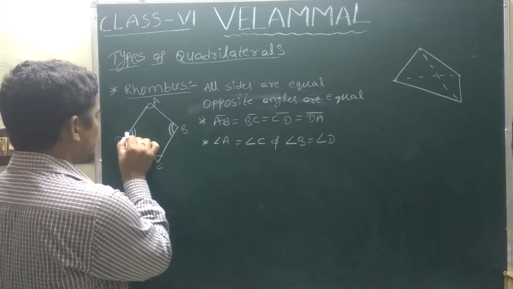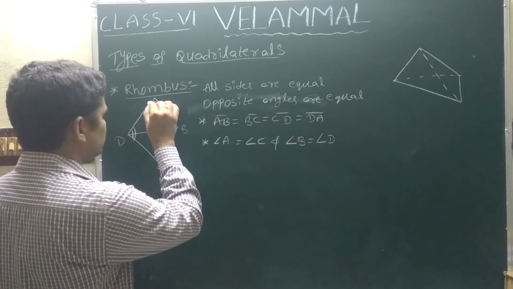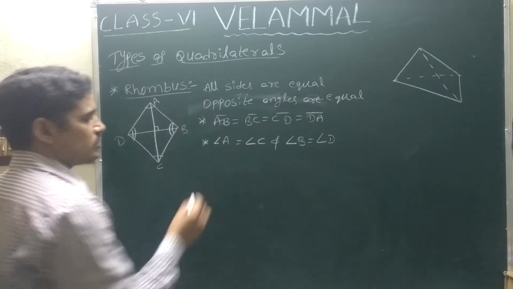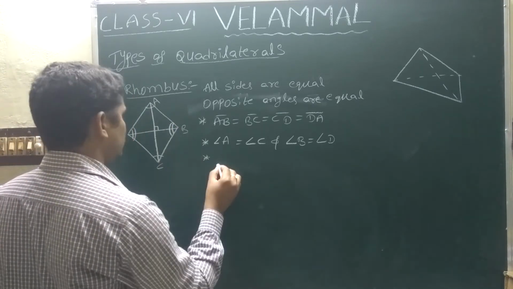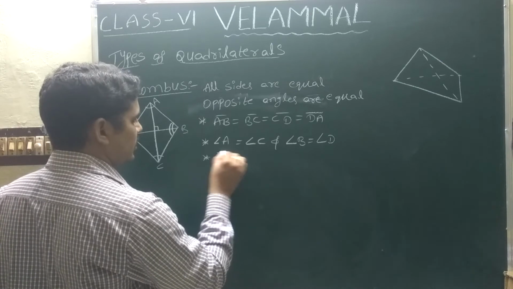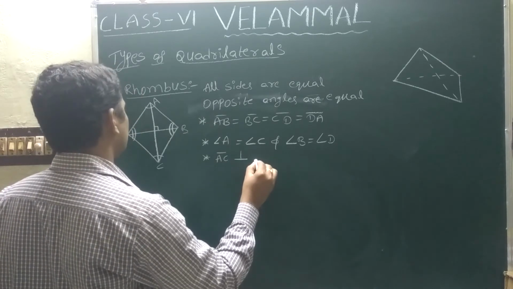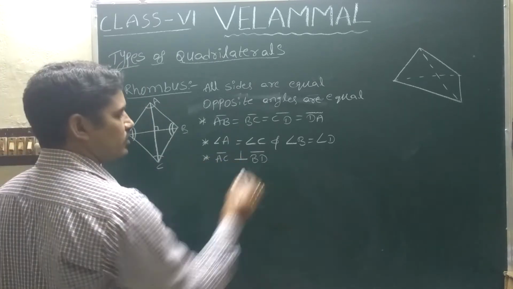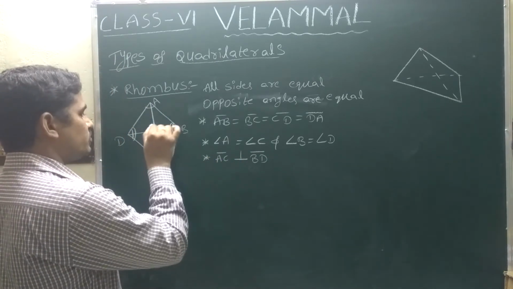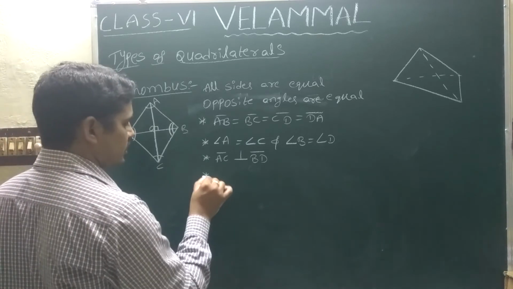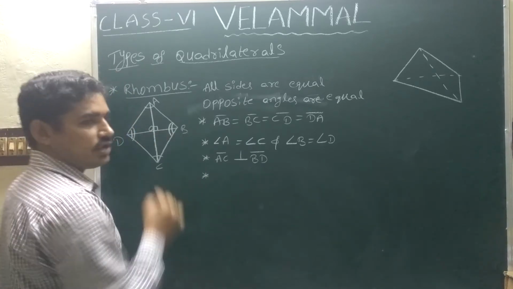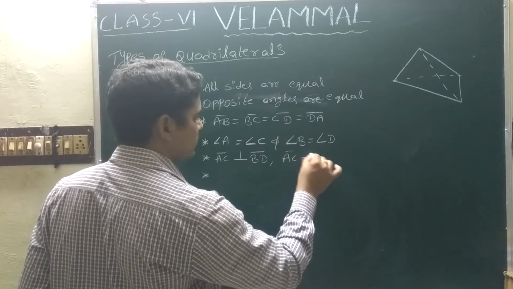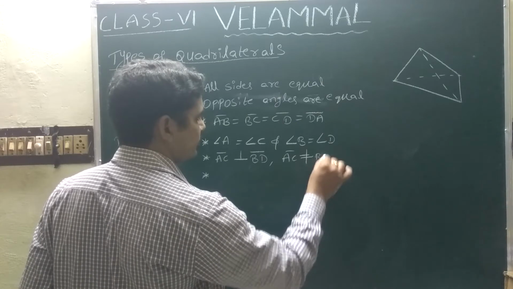And if we draw the diagonals, they will be perpendicular. So we can say that AC is perpendicular to BD. AC is perpendicular to BD. If we are taking this point as O, so we can say that these two are not equal. Diagonals are not equal, and we can say AC is not equal to BD.